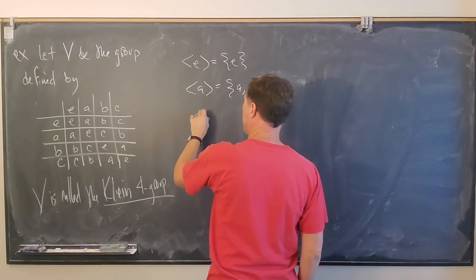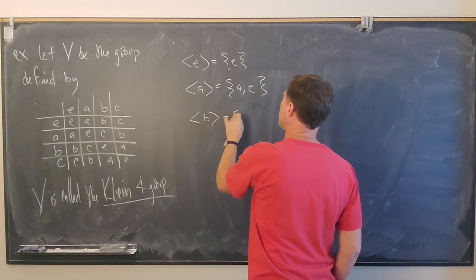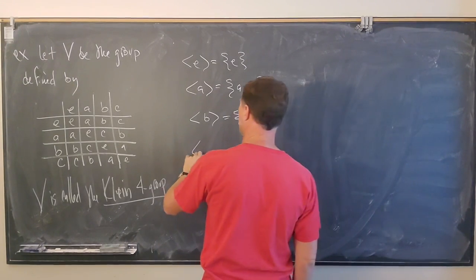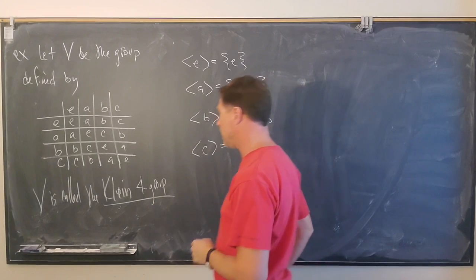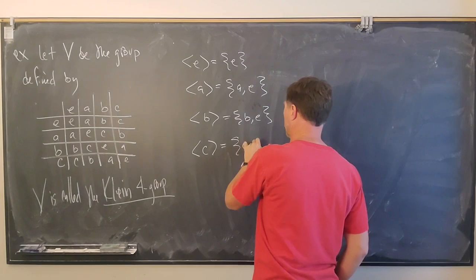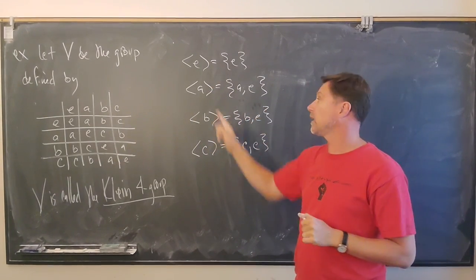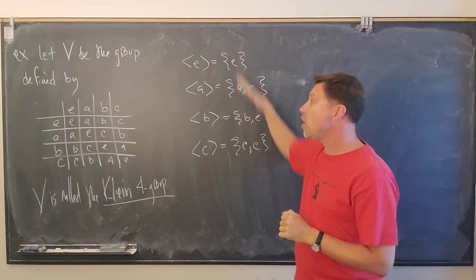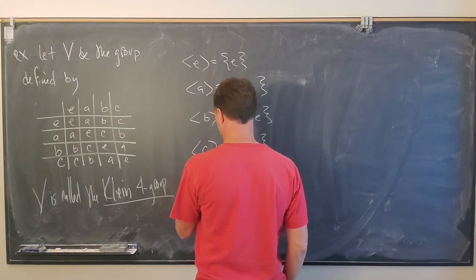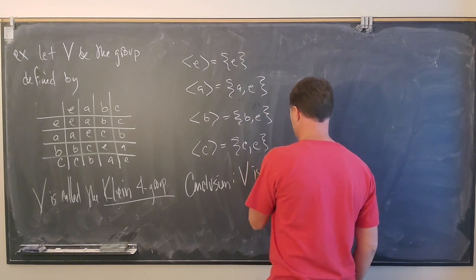The cyclic subgroup generated by B: B times B is also the identity, so it consists of B and E. And for C, the cyclic subgroup generated by C consists of C and E. So now I've run through all possible elements of the group, looked at the cyclic subgroups generated by each of them, and in no case did I get all of V. So our conclusion is that V is not cyclic.